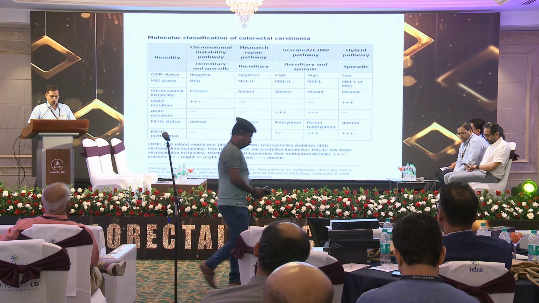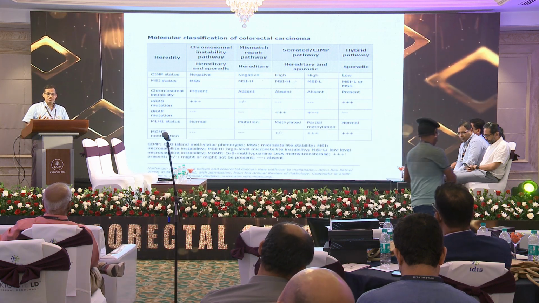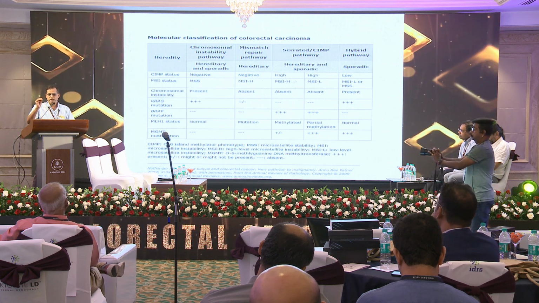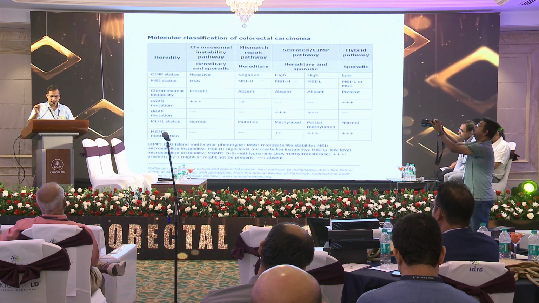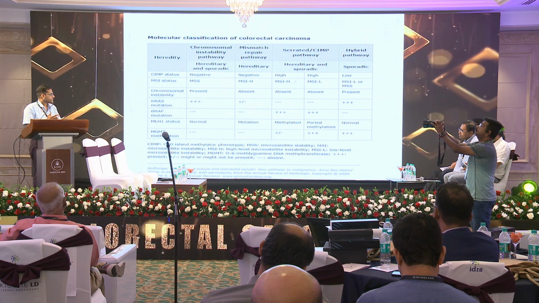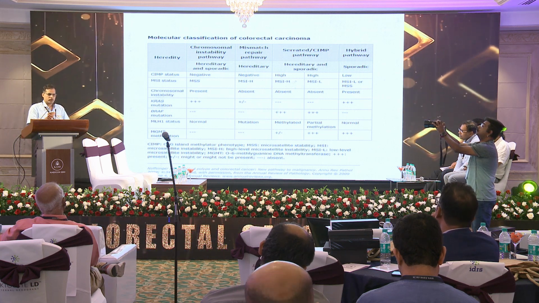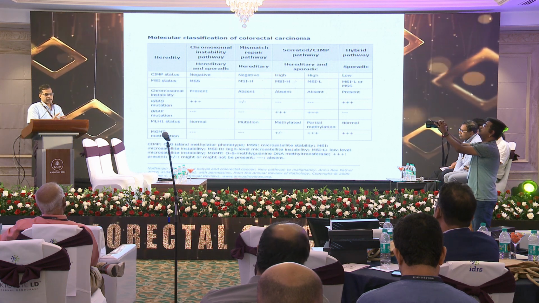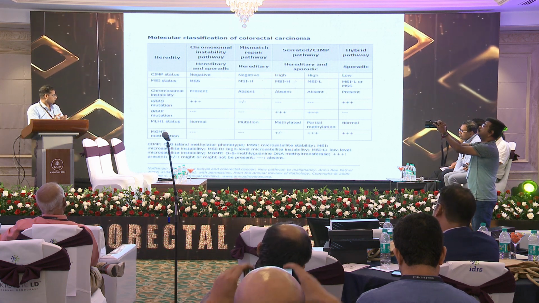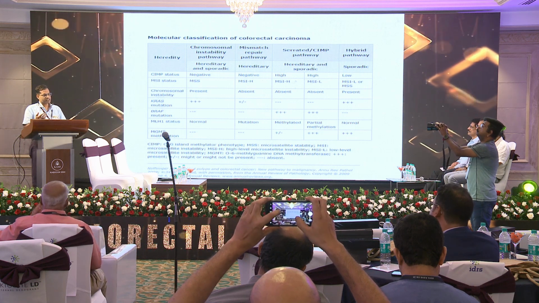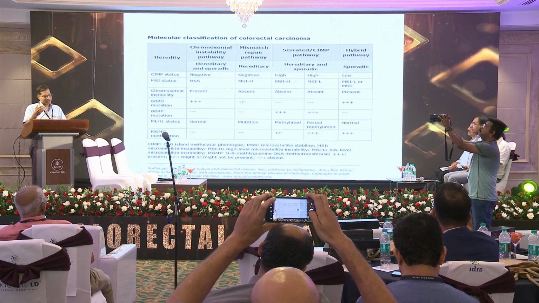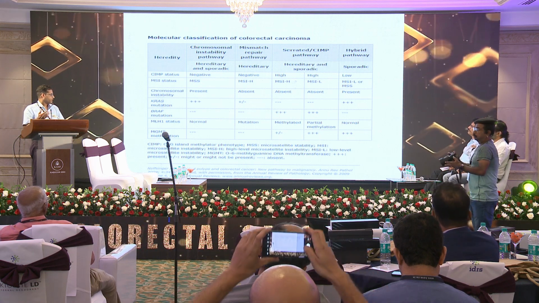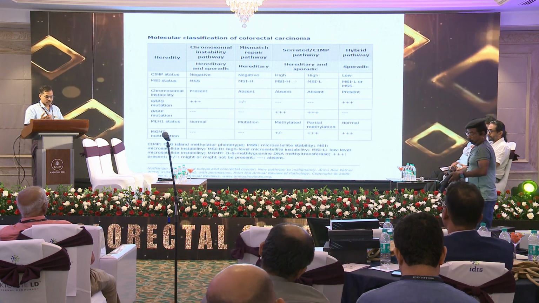So what is this chromosomal instability pathway? You can get this instability in both hereditary cancers as well as sporadic cancers. The most common mutation you come across is the KRAS mutation, and you can get genomic features of chromosomal instability. Whereas the mismatch repair pathway is usually seen in hereditary cancers. You can get high MSI, and mutation in MLH1.